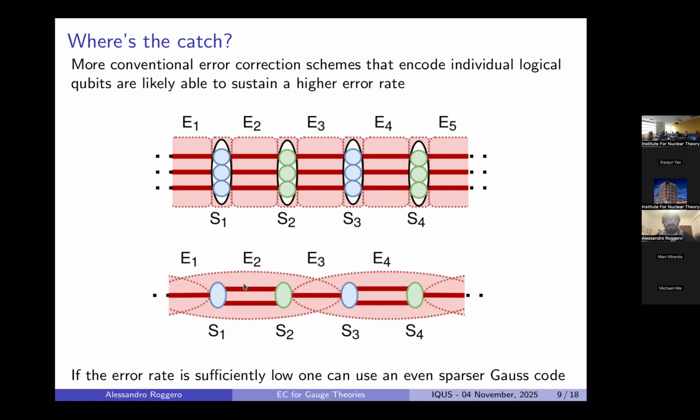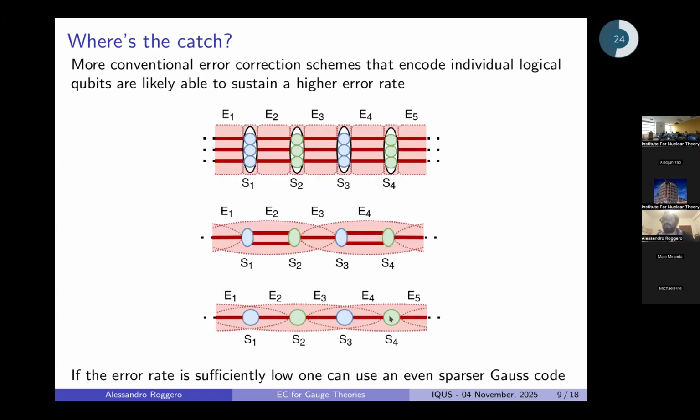Because as I was saying before, we can use multiple Gauss laws together to take the place of this doubling. So we can actually do something that looks like this, where we essentially don't add any memory for the bit flip codes. We just use the regular qubits we have already in the system.